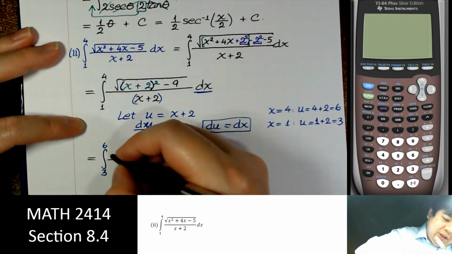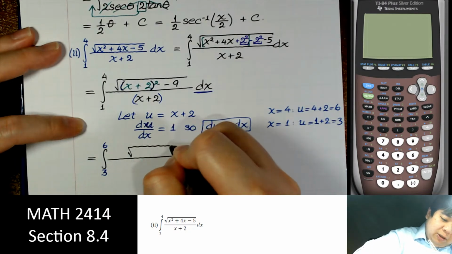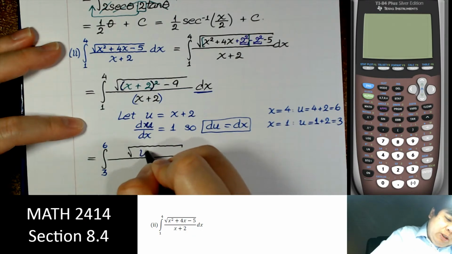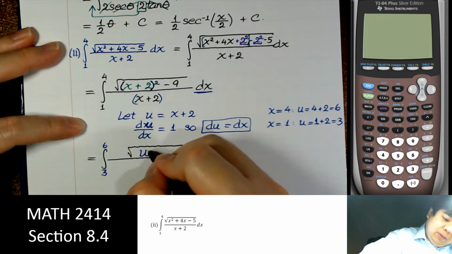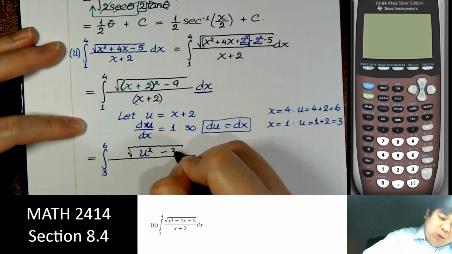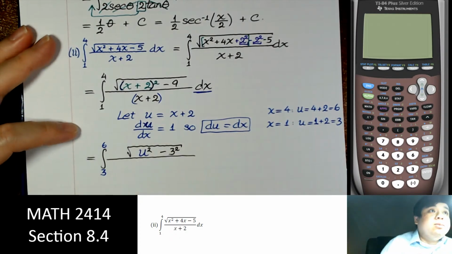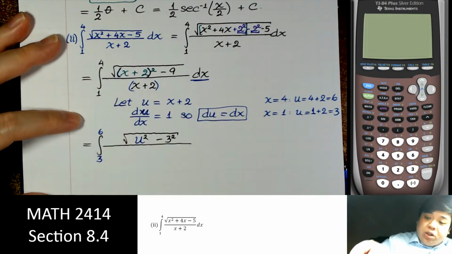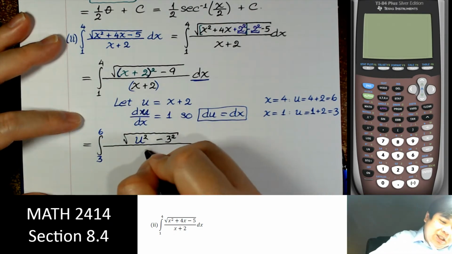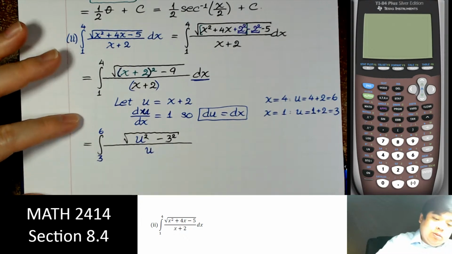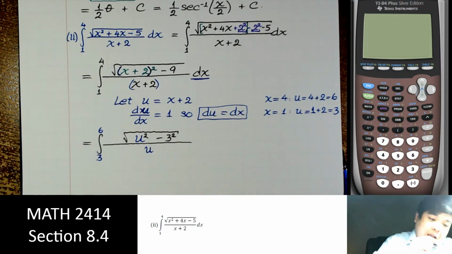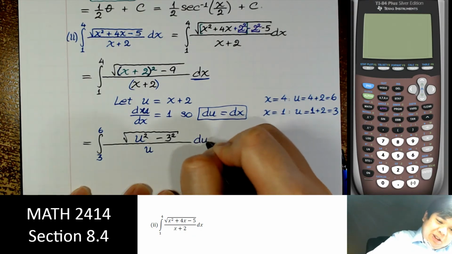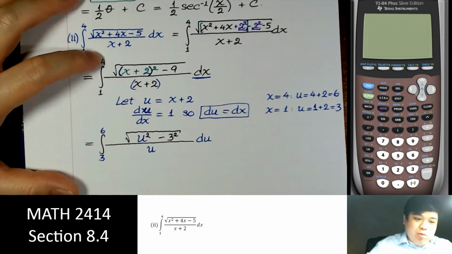Integral, x plus 2 is u minus 3 square, and x plus 2 is also u, and dx is equal to du. Right, it's not that bad. We have this problem.